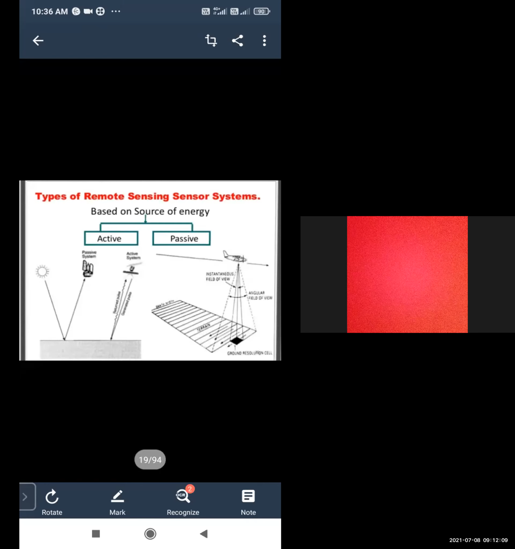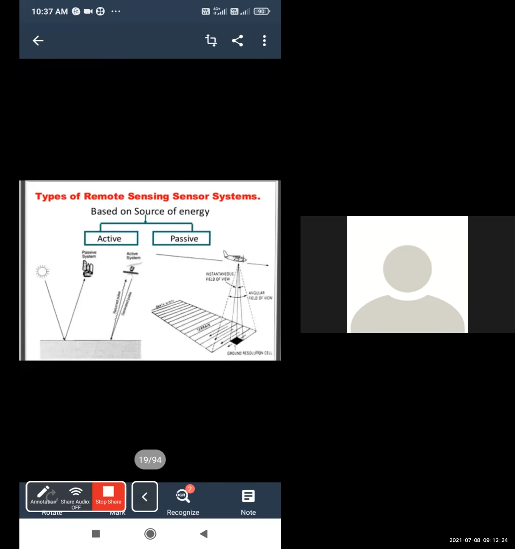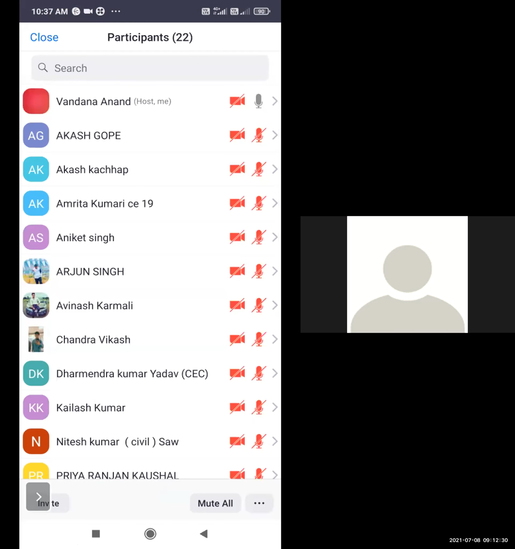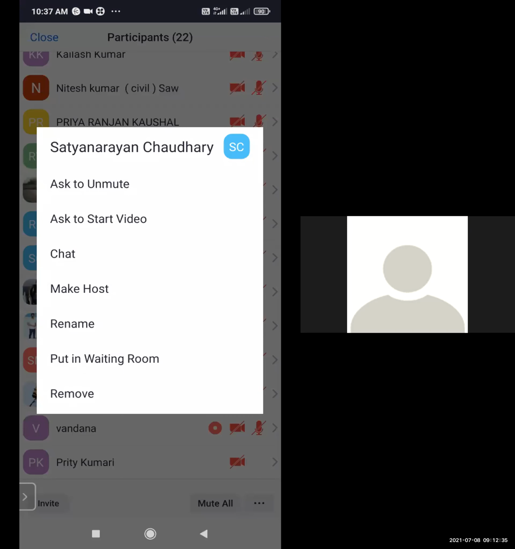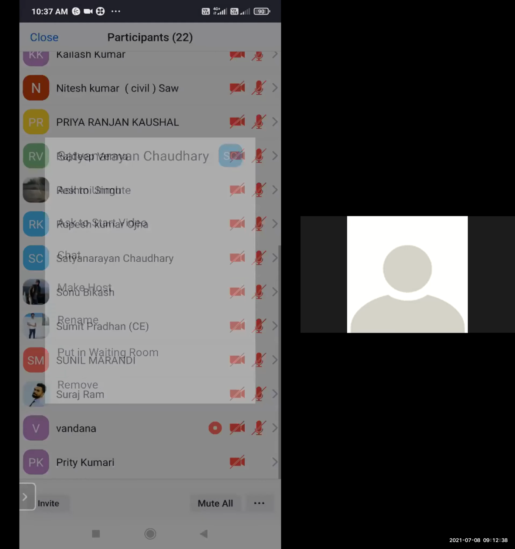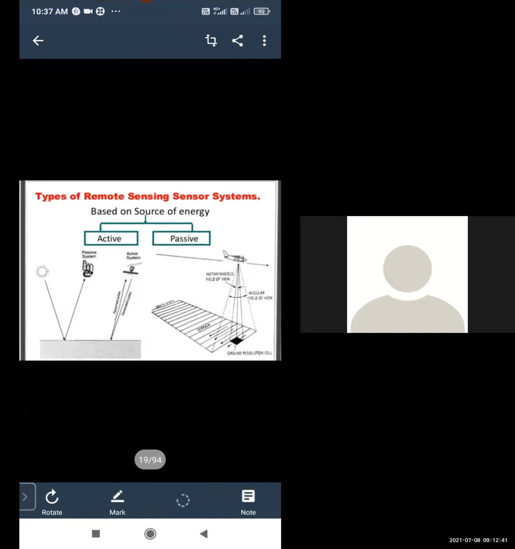In passive remote sensing, the passive sensor responds to external stimuli, and active sensors use internal stimuli to collect data about Earth also.